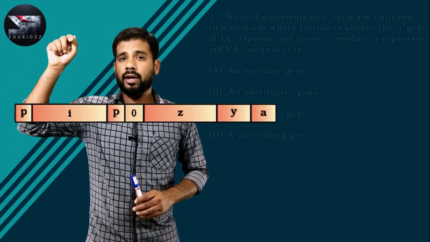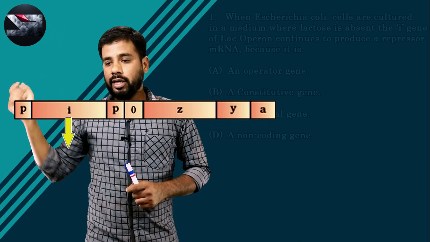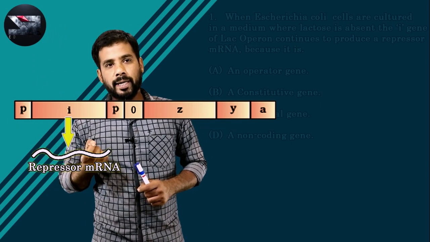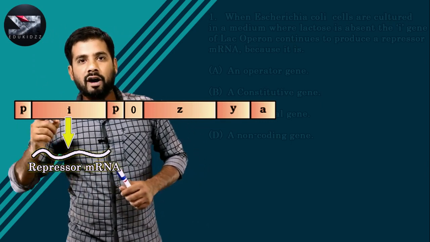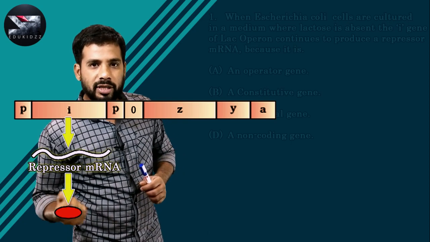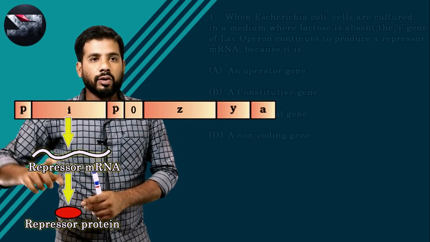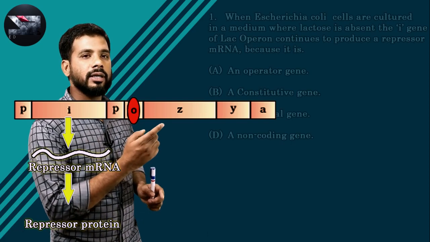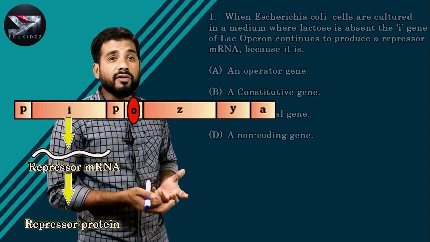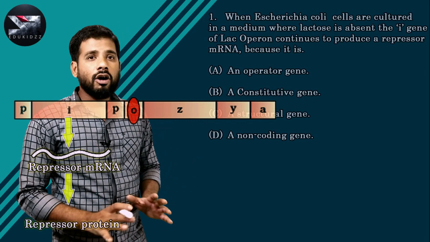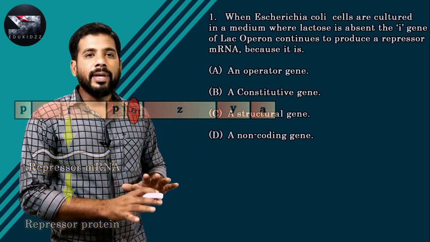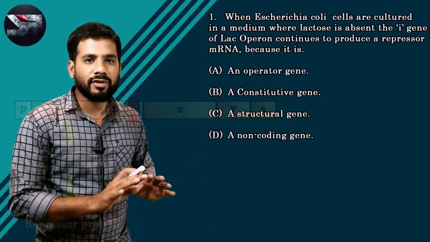This inhibitor gene after transcription gives rise to a repressor mRNA. This repressor mRNA after translation gives rise to a repressor protein. This repressor protein, in the absence of lactose, binds to the operator gene, and then the operon is switched off. So you have to remember here that the operator gene does not play any role in the synthesis of repressor protein.